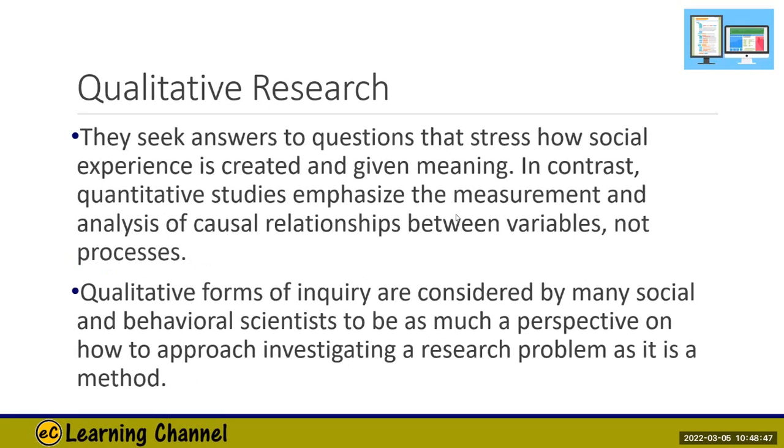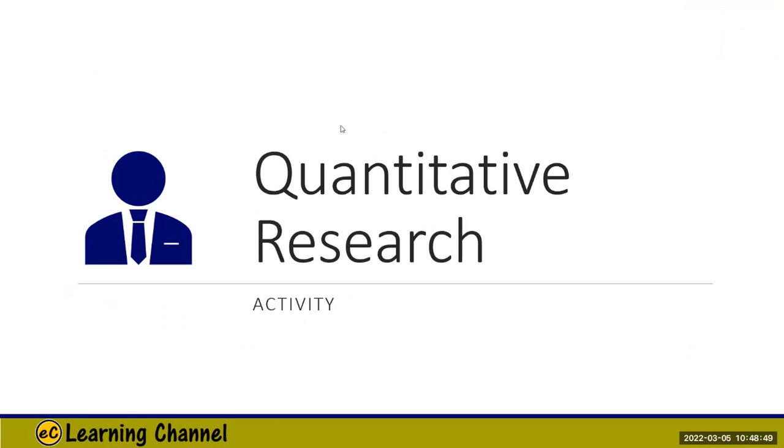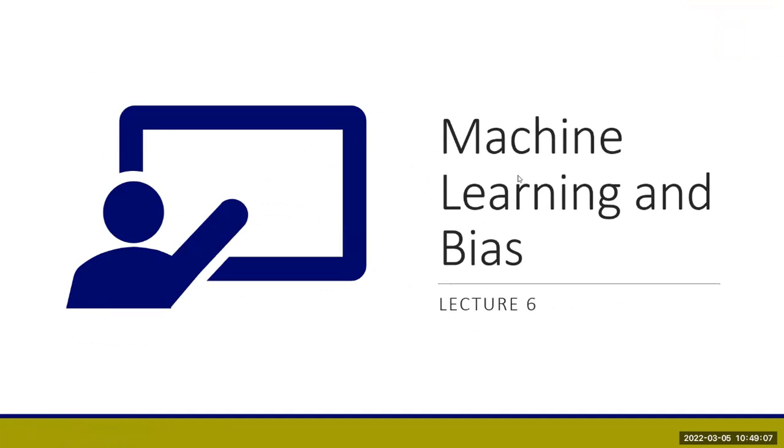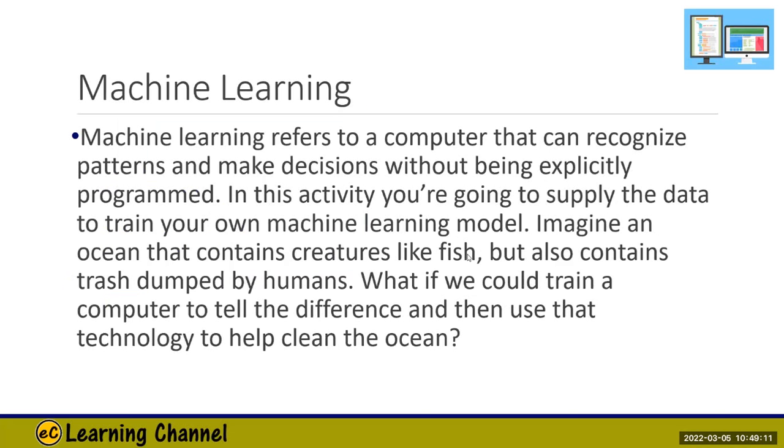But engineers don't care about conflict negotiation, okay? That's beyond their scope. So quantitative research usually is numbers. We go into the statistic numbers and numerical analysis, okay? This research would have machine learning and bias. Okay, we'll talk about this later.